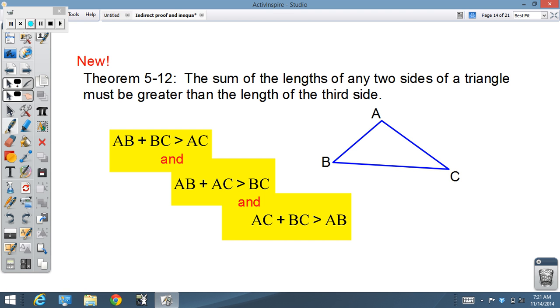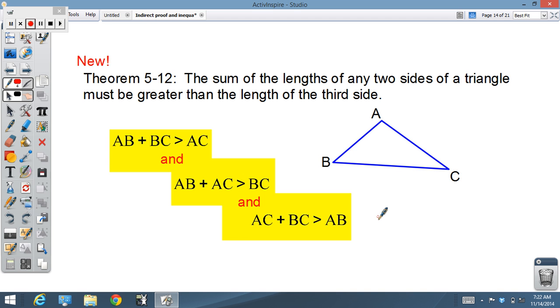And think about it, if it didn't work out that way, if I had one side that was this length, and one side that was this length, and the third side that was this length, these two are going to be too big. Let's see. I'm sorry. I'm telling you a lie.